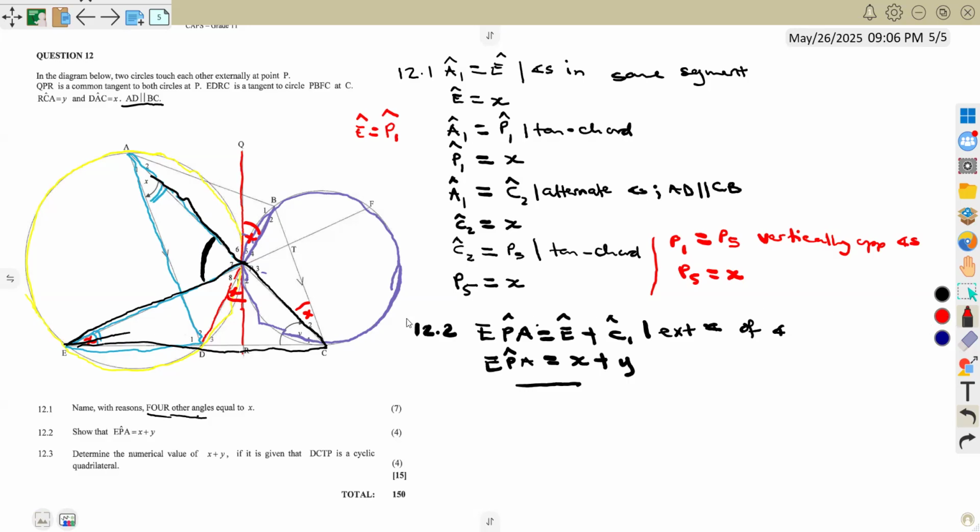Let's go and mark D. Where is D? Here. D, C, T, P. This one.